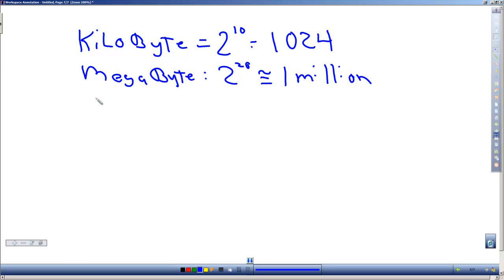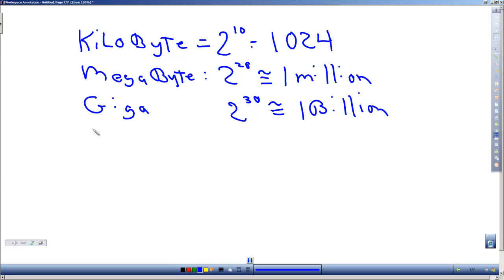The next one up is a gigabyte, and that is 2 to the 30th power, or somewhat over 1 billion. And a terabyte is 2 to the 40th power, or somewhat more than 1 trillion.